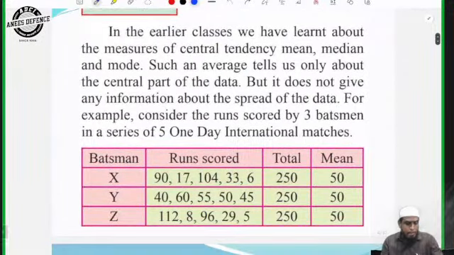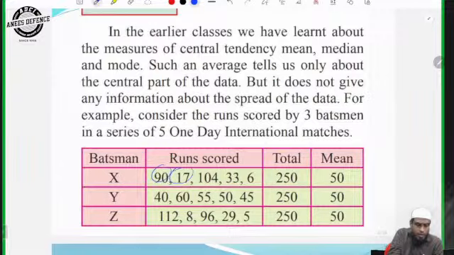For example, this is data: scores of 3 batsmen X, Y, Z. Batsman X is scoring 90, 17, 104, 33, 6. Batsman Y is scoring 40, 60, 55, 50, 45. Batsman Z: 112, 8, 96, 29, 5.